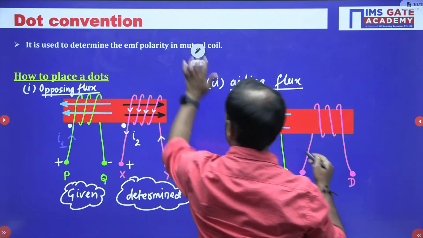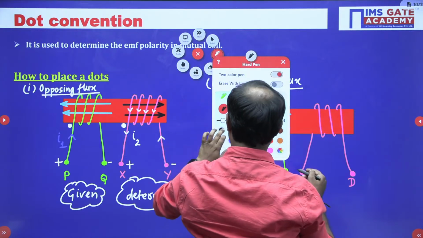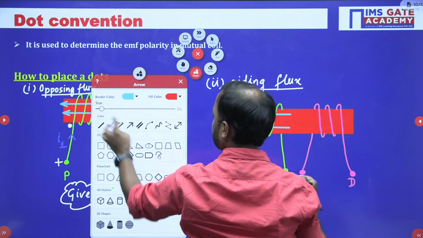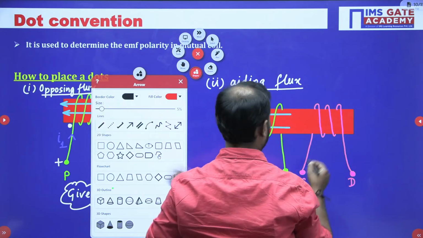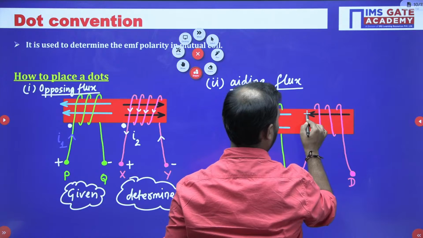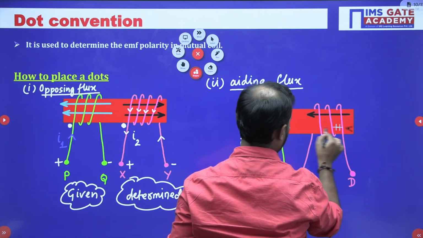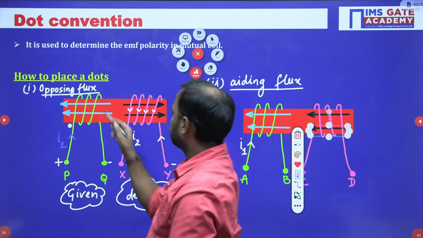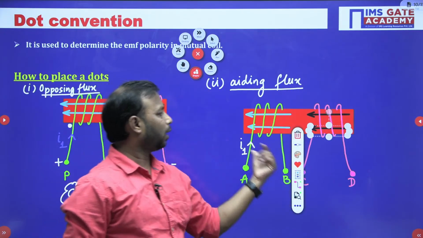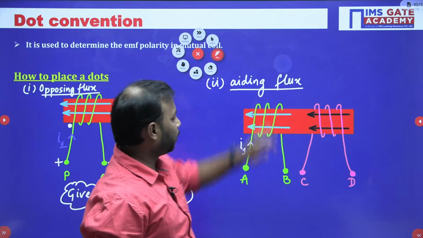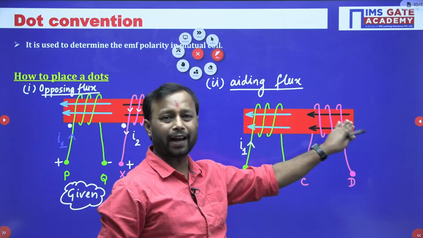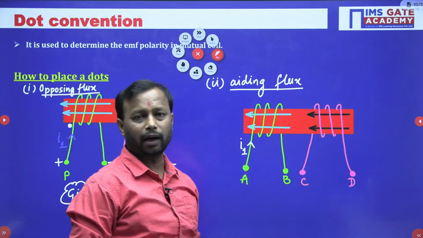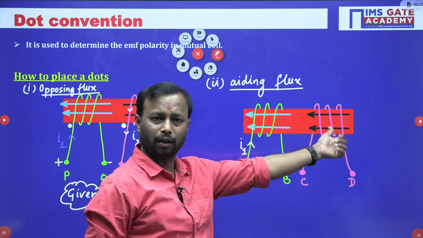The flux produced by the second coil should act in the same direction, towards left hand side. तभी तो आप एडिंग बोलोगे ना, यहाँ पे दोनों अपोजिट डायरेक्शन में थे, so opposing; here both are in same direction, so adding. अब देखो यहाँ पे क्या होगा, what should be the direction of current in the second coil such that it is going to produce the flux in left direction.